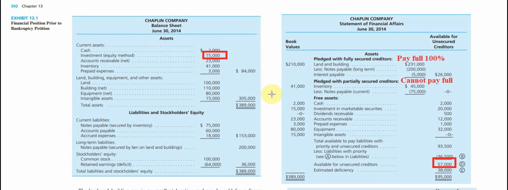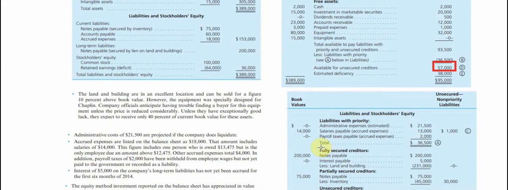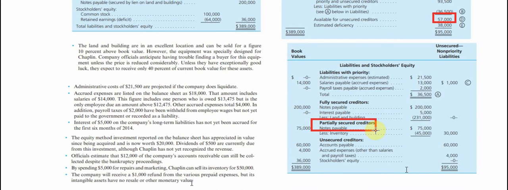Similar for the long term. Fully secured creditor means we have enough money to pay the debt because we have land and building higher than notes payable and interest payable. So that is 0. Partially secured creditor means the notes payable is higher than inventory.